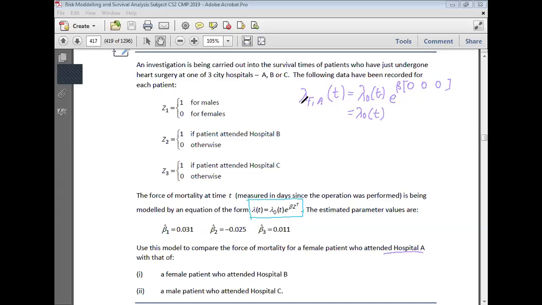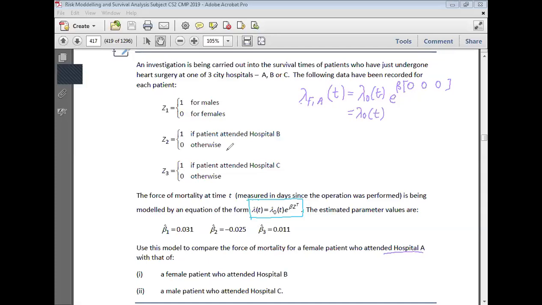Because this hazard function is just equivalent to this baseline, we call this particular group, a female who has attended hospital A, our baseline group. Those are the people that we are going to compare everything else with.